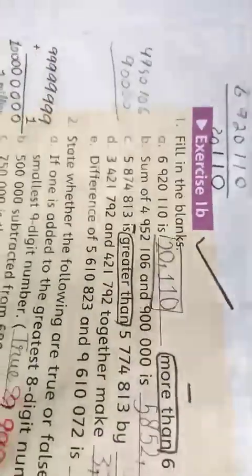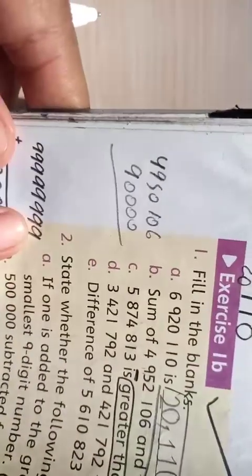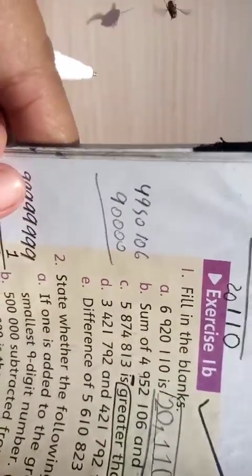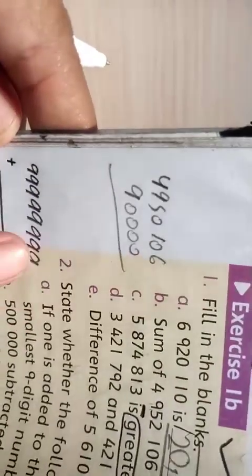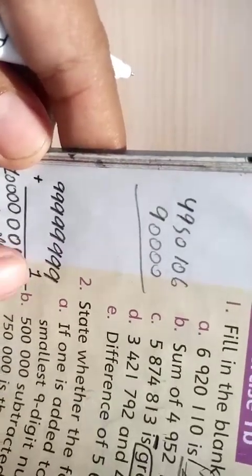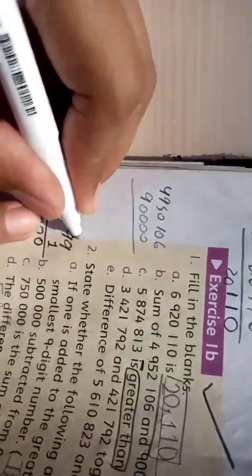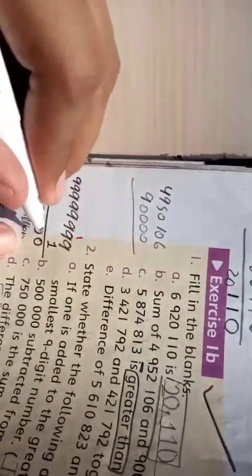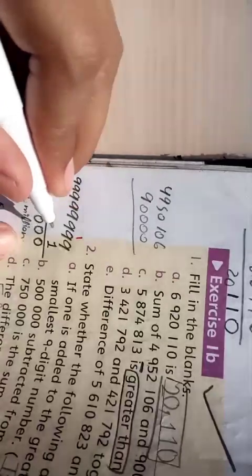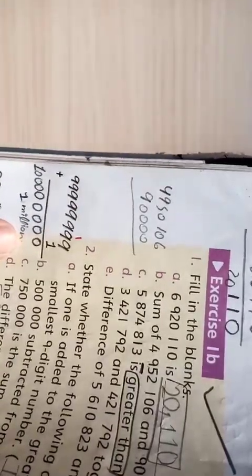So let's see. When we add 1 to 99999999, we get an answer. 9 plus 1 is 10, so 0 and a carry of 1, and so on through all the digits.